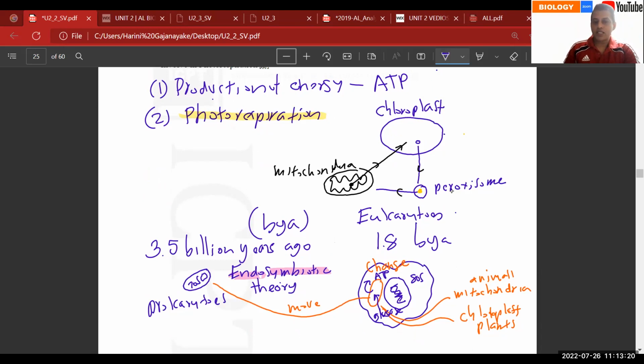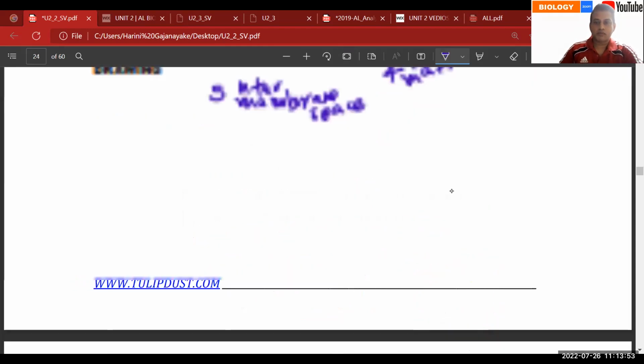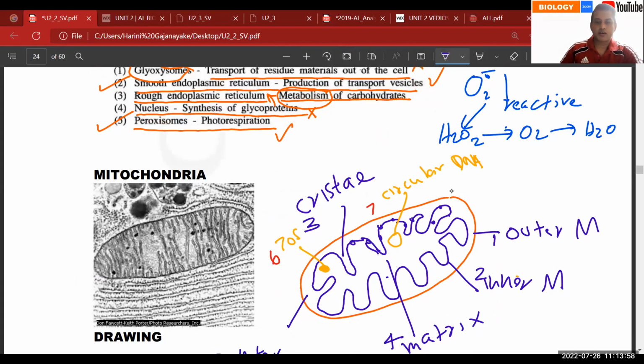And also we give the answer for why they have 70S ribosome, explaining this endosymbiotic theory. So prokaryotes born 3.5 billion years ago, after that eukaryotic forms, so they merged, they fused to become one cell, and that kind of relationship is called endosymbiotic theory. So this is the structure of mitochondria with the electron micrograph.